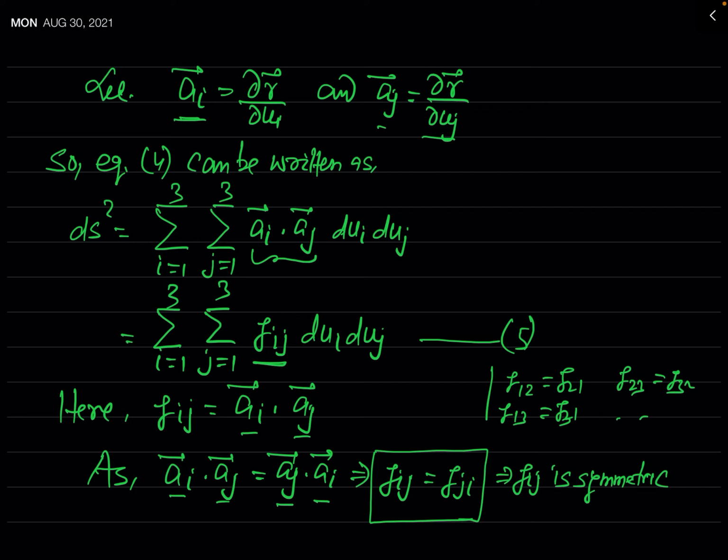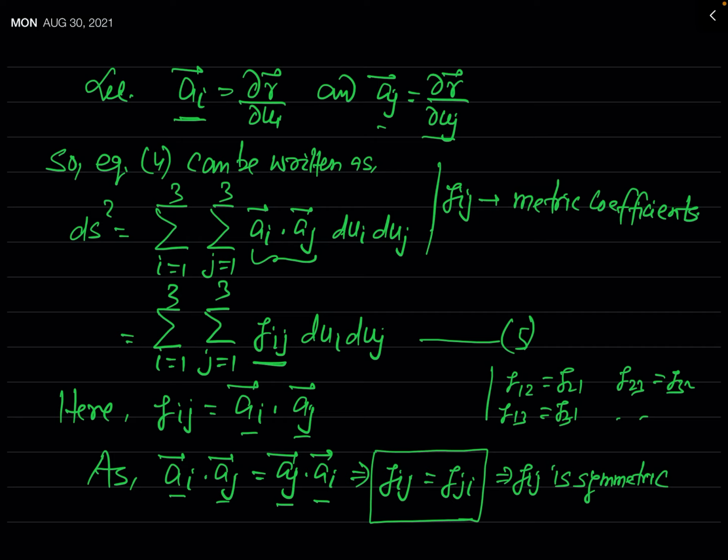These quantities gij are known as metric coefficients. These quantities characterize the relative nature of the space.